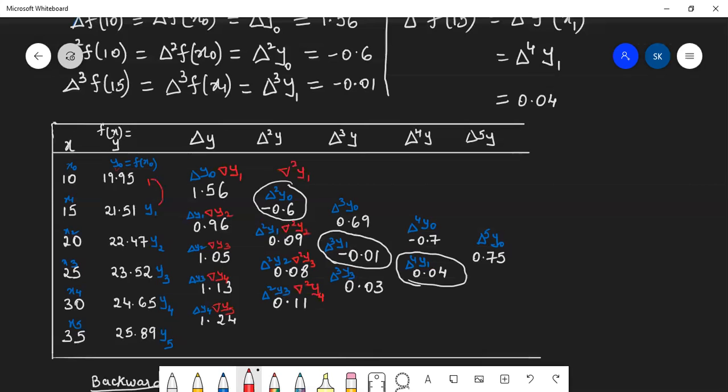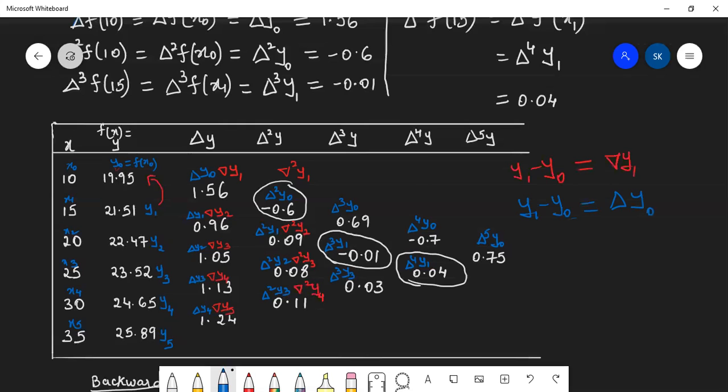The same thing. y1 minus y0 is denoted as backward delta first position when you are denoting with backward. Then the y1 minus y0 value is denoted as forward delta y0 when you are denoting with forward delta, with the zero position.